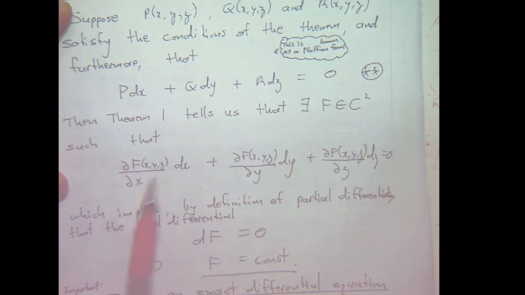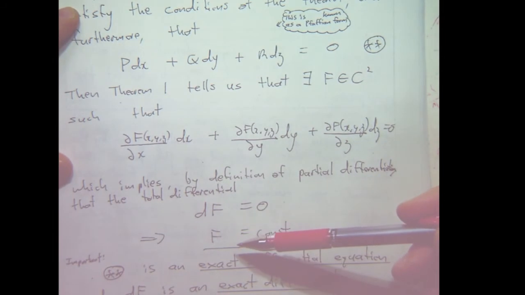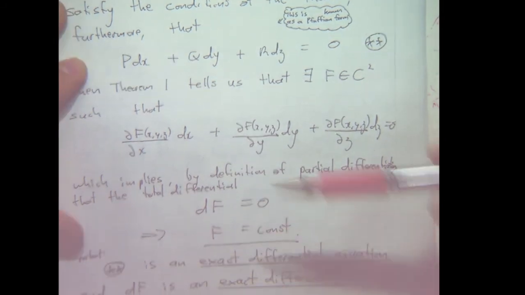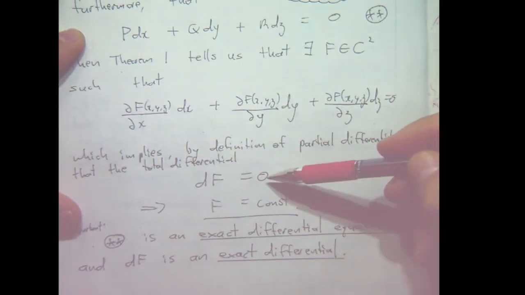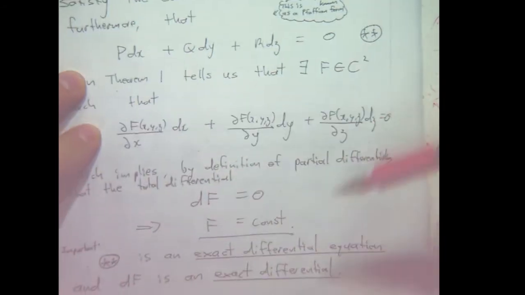This is df by dx dx plus df by dy dy plus df by dz dz. That's equal to the total derivative, or total differential, df. And if df equals 0, it means f equals constant.